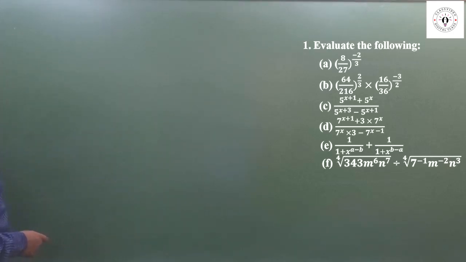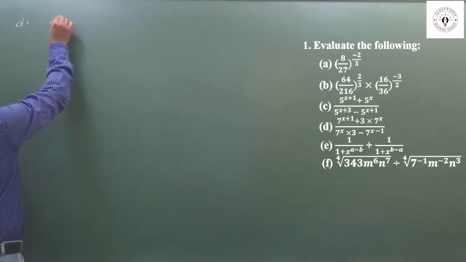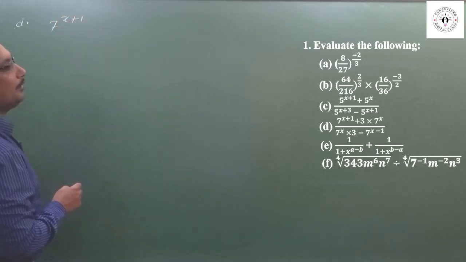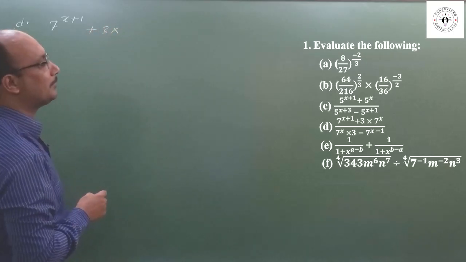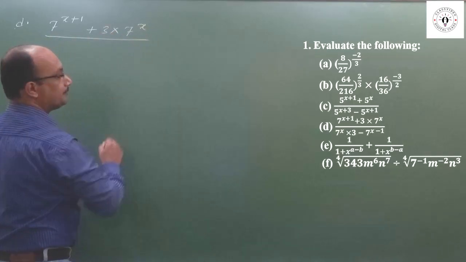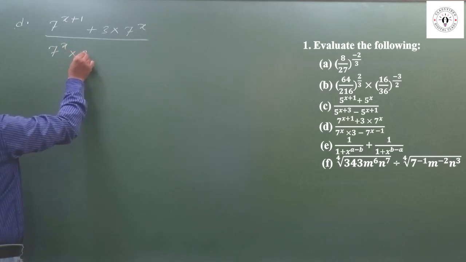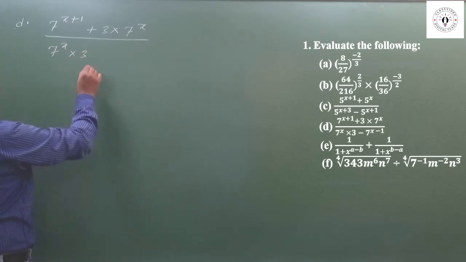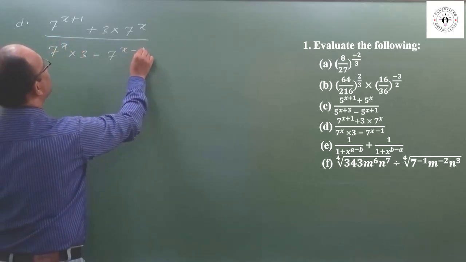So now we move to D number question. That is the next question. D number question is, student, 7 to the power x plus 1 plus 3 into 7 to the power x, divided by 7 to the power x into 3 minus 7 to the power x minus 1.